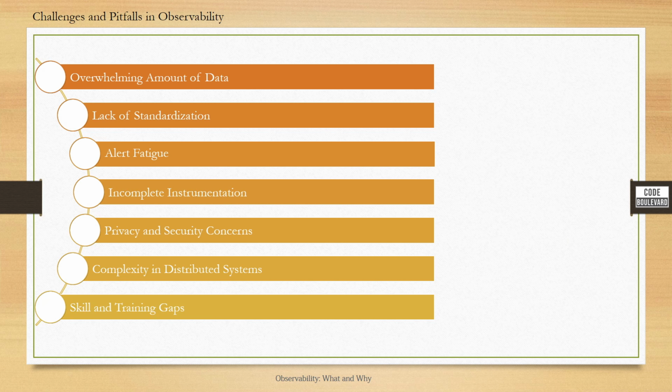So whenever you want to choose an observability framework, take into consideration the team members' skill level and training gap. Here is the list of challenges that we face when adopting any type of observability platform, specifically when working on a big and complex system. But we can also add many other options here, like cost management.